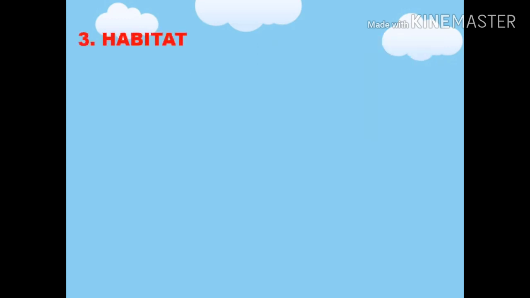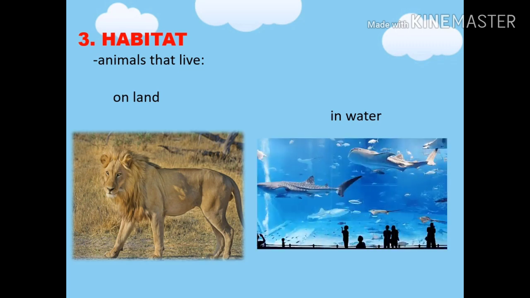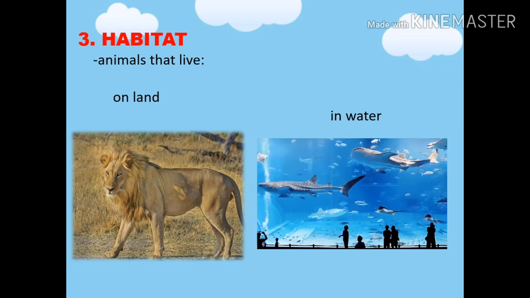Number 3. Habitat. It refers to where animals used to live. There are animals that live on land and animals that live in water. Examples of animals that live on land are lions, deer, and sheep. But fish and squid and other sea creatures used to live in water.